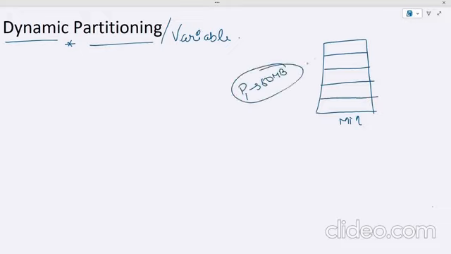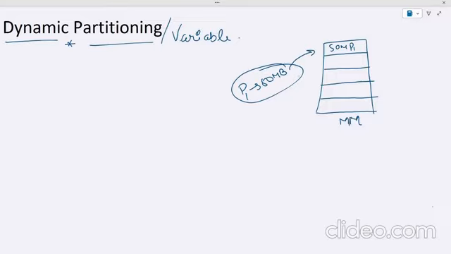So in dynamic partitioning, main memory allocates a 50 MB block to the P1 process. That's why we say dynamic partitioning: the process gets as much as it needs. If a process needs 50 MB, 50 MB is allocated. Whatever memory is needed for that particular process is allocated to it. That's why it's called dynamic partitioning.